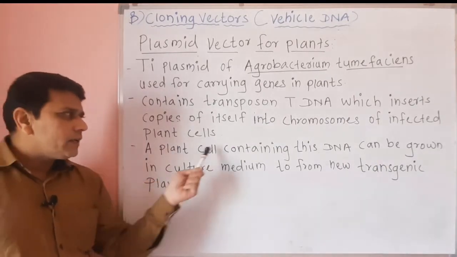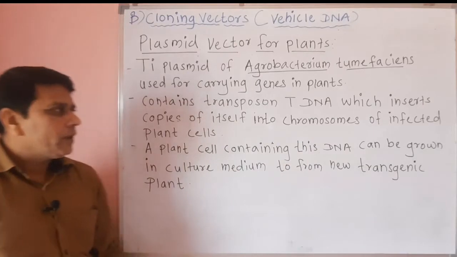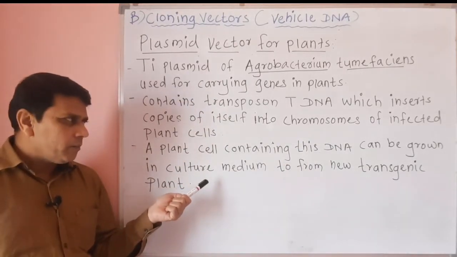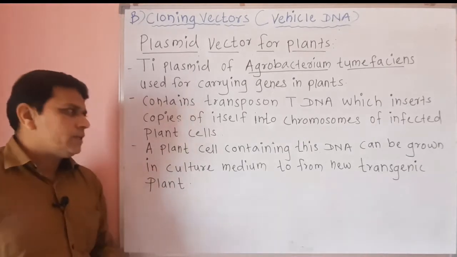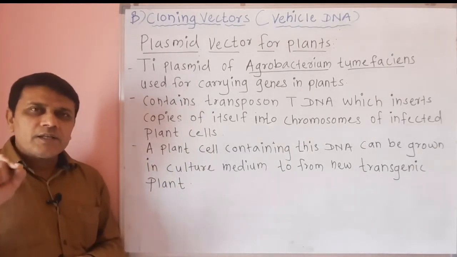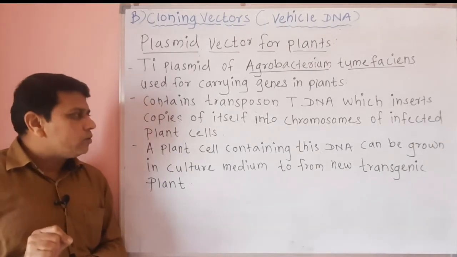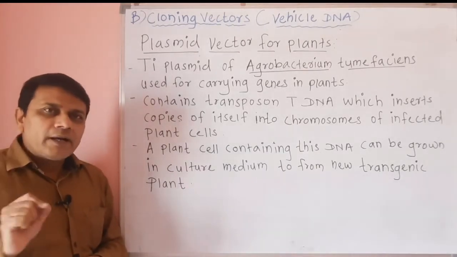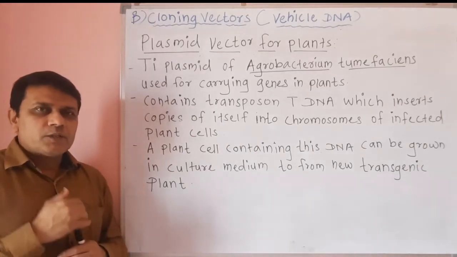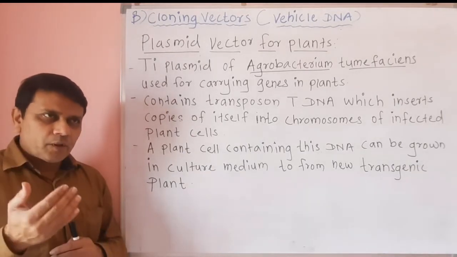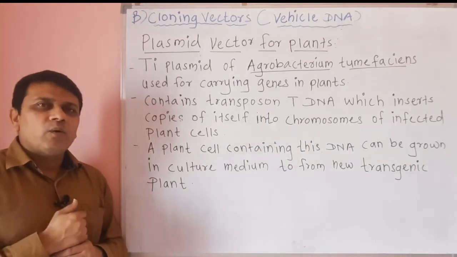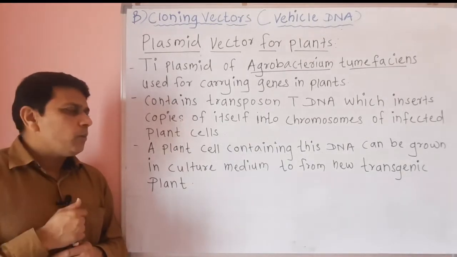A plant cell containing this DNA can be grown in culture medium or nutrient medium to form a new transgenic plant. So with the help of this Ti plasmid, the desired gene can be introduced in the plant cell, and multiple copies of such plant cells are produced, and these cells can be grown into new plants.